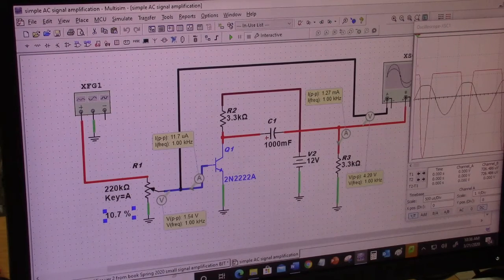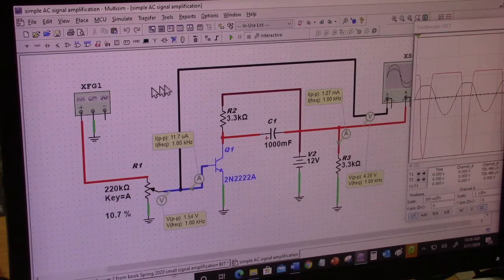Okay. So in the previous experiment of the small signal amplifier, we built this circuit. First we built it on Multisim, and then we built it on the actual device itself, and we looked at the amplification.